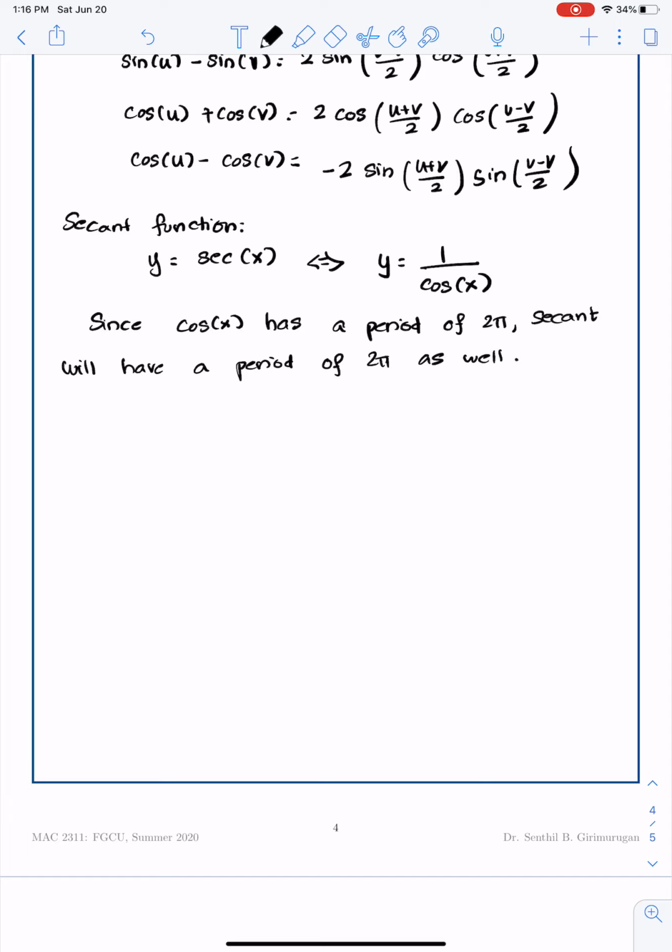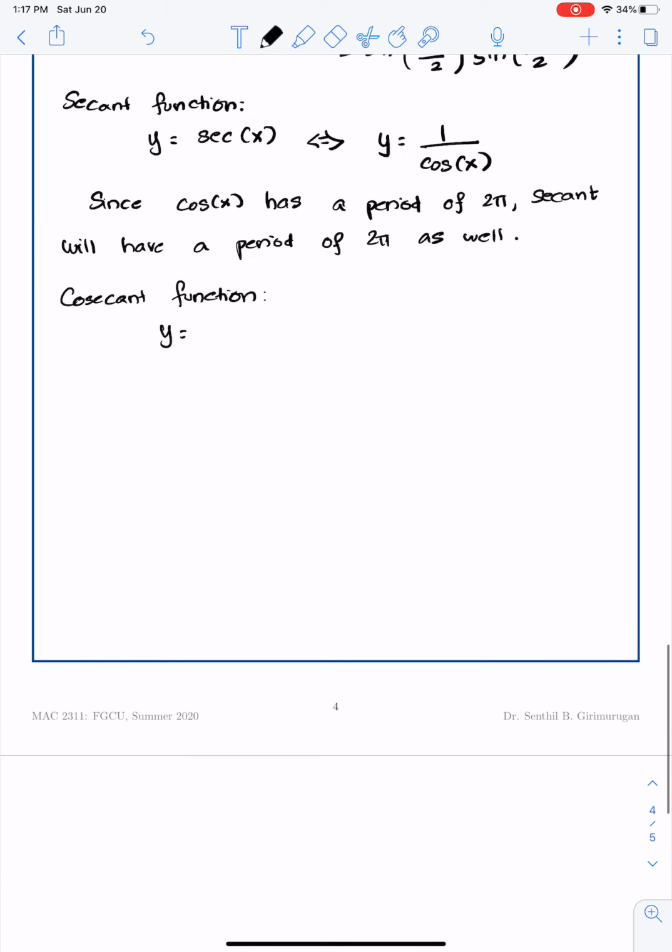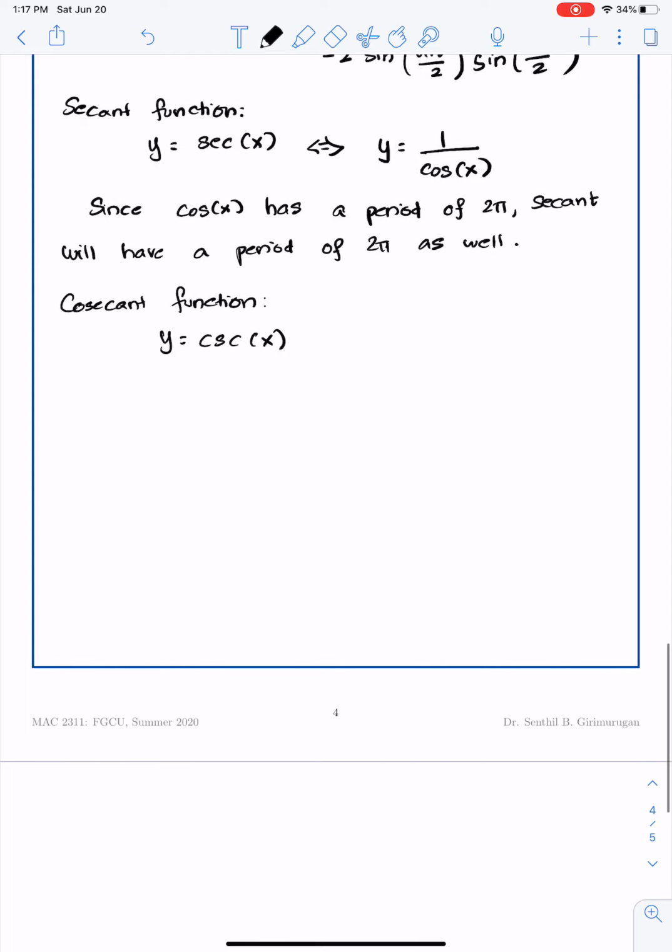The next one is the cosecant function. The cosecant function is defined or denoted as y equals CSC of x, and that is simply y equals 1 over sine of x.